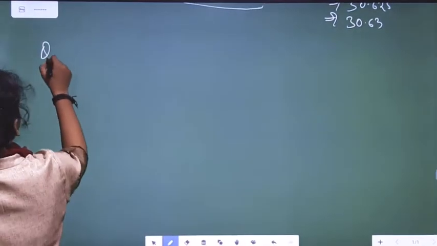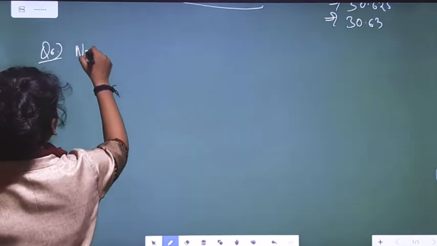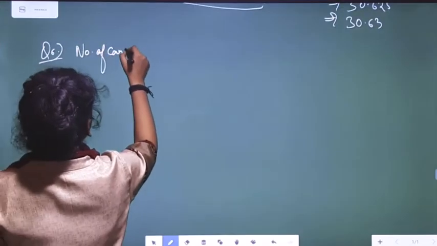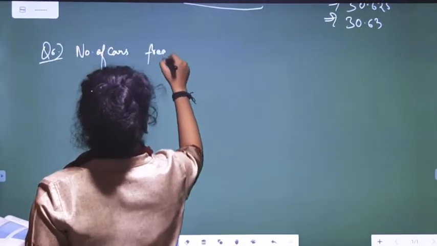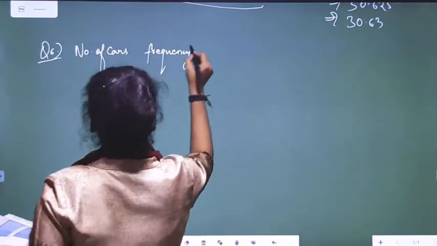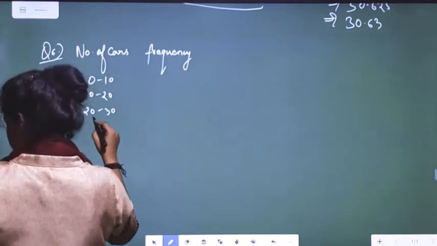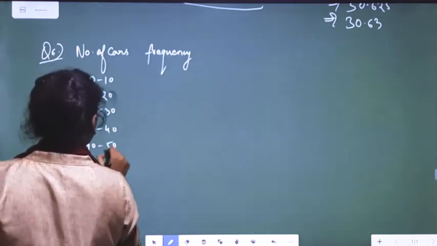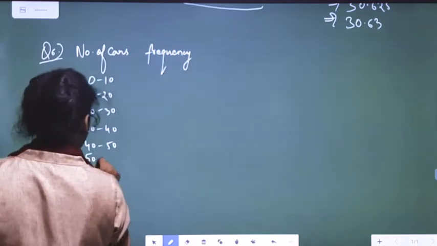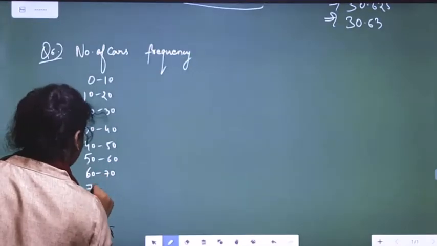Question number 6 is the last question of this exercise, and the table given here has number of cars and frequency. The class intervals are 0 to 10, 10 to 20, 20 to 30, 30 to 40, 40 to 50, 50 to 60, 60 to 70, 70 to 80.